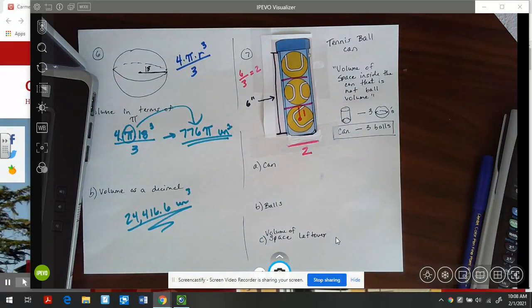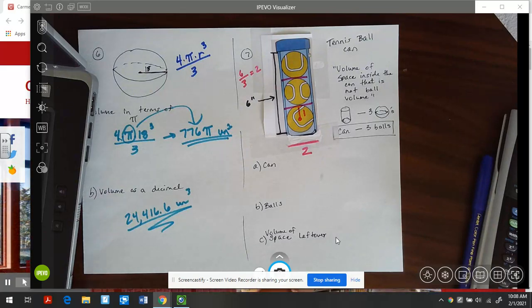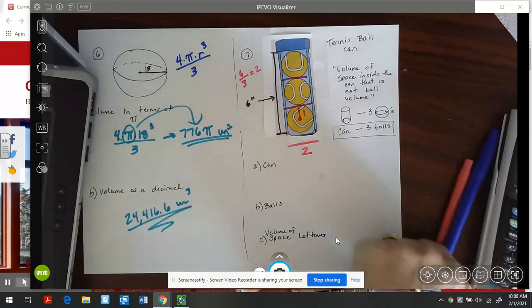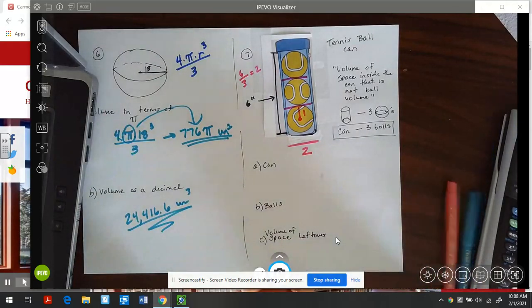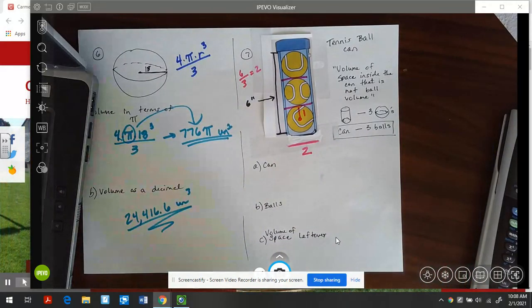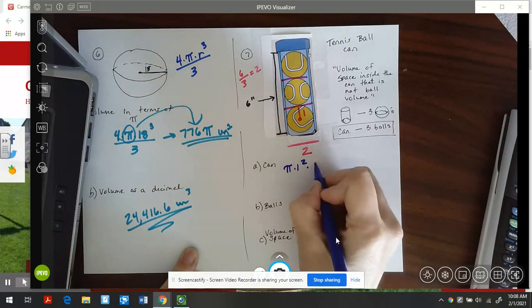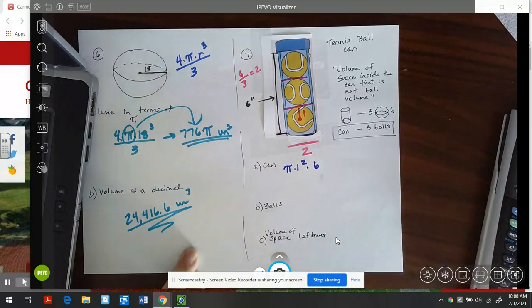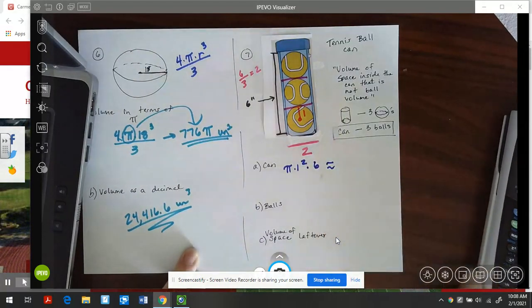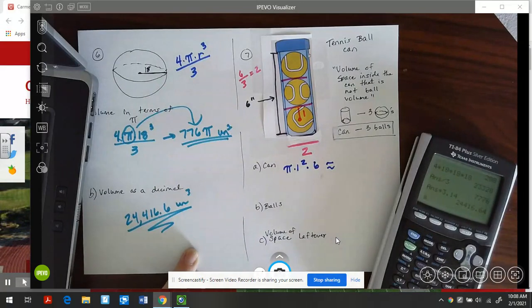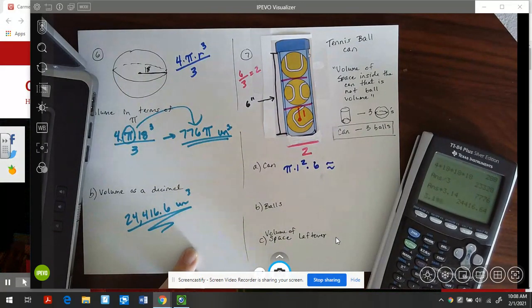Please find the volume of the can. All right, so the can's volume is pi r squared times height. And remember, I'm using a calculator, so we don't have to worry about reducing. So 3.14 times 1 times 6. So this is 18.84.